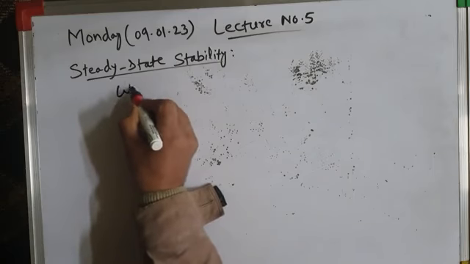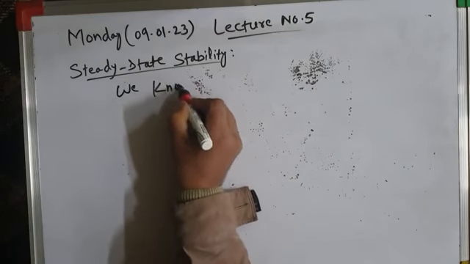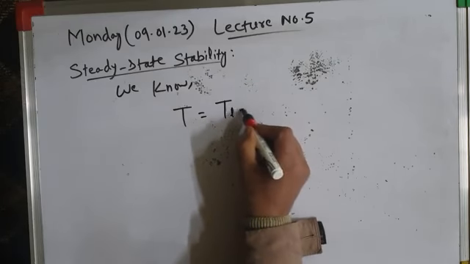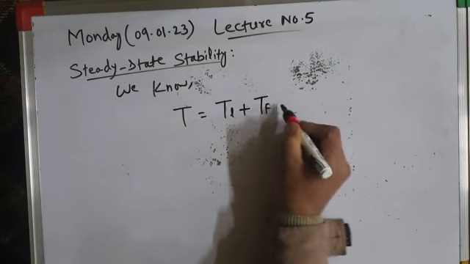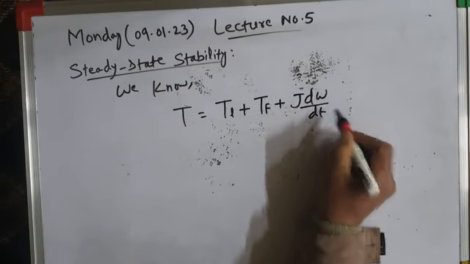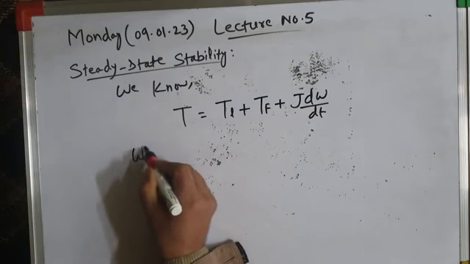We already know that the torque developed by a motor T is equal to load torque TL plus friction torque TF plus J d omega by dt, which is inertial torque. What is this friction torque?